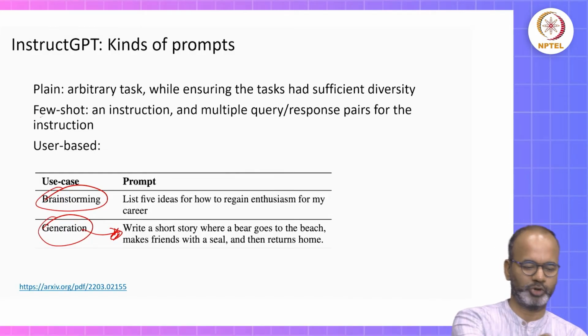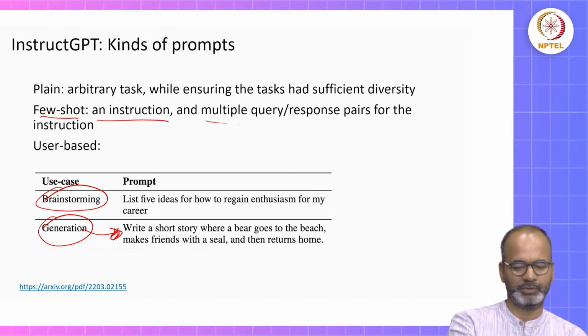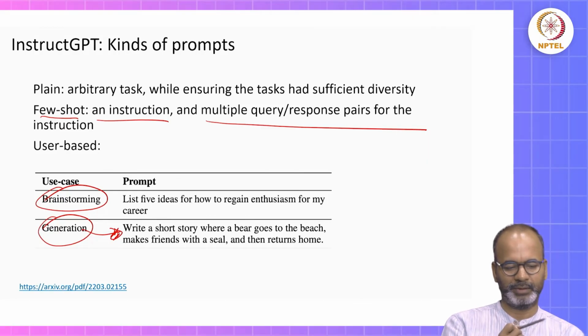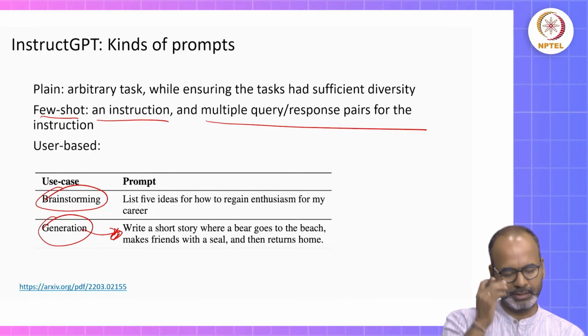Whereas with few-shot, you give an instruction, you give multiple query-response pairs for the instruction, and then when prompted, the responses are given accordingly. The plain one is an arbitrary task, while ensuring that the tasks had sufficient diversity. So those are the kinds of prompts that InstructGPT can have.